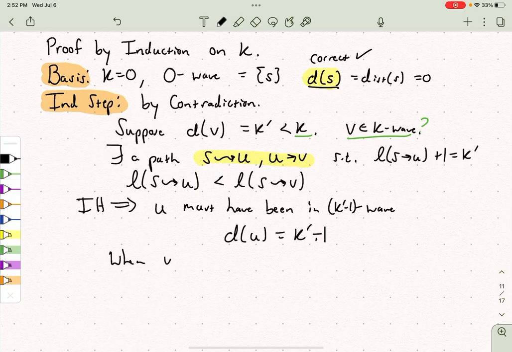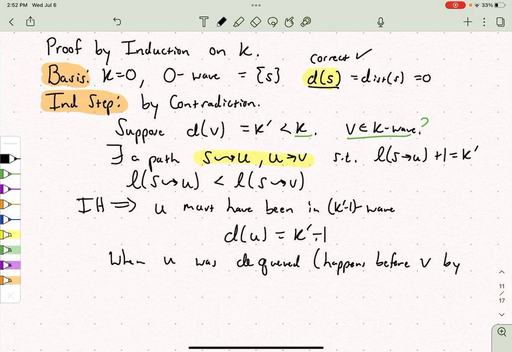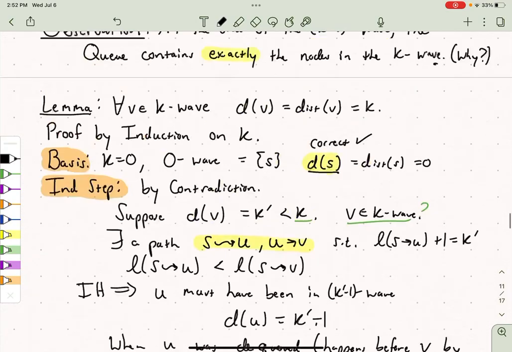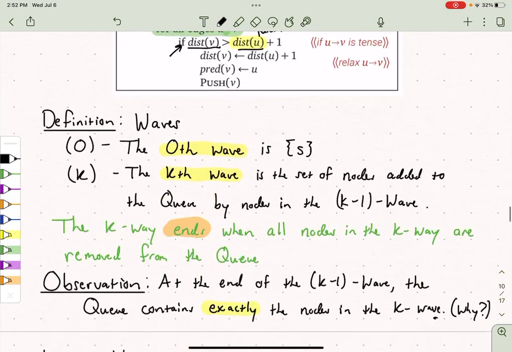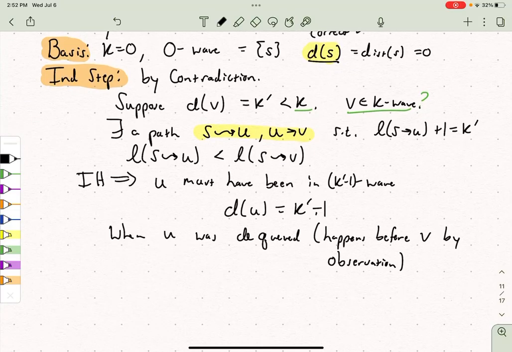When u was dequeued, which always happens before v would be, by the observation, by definition of the algorithm, we take off u and we immediately look at all of its edges u to v and then update those distances. So by definition, there is an edge u to v.